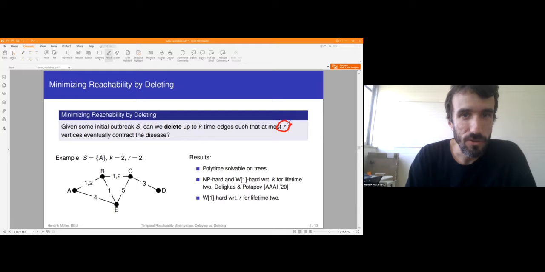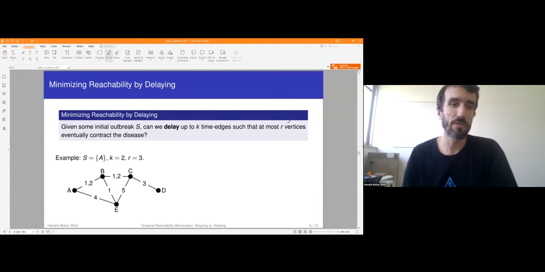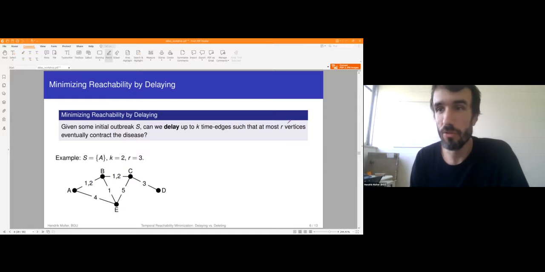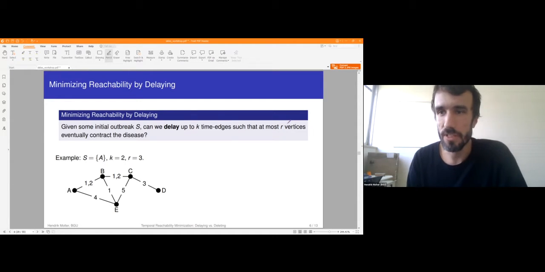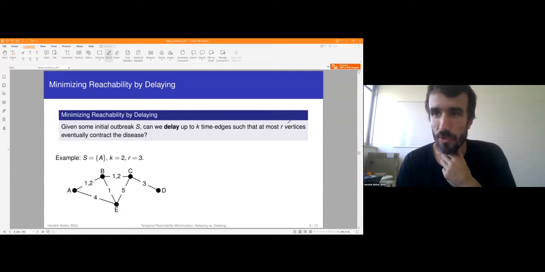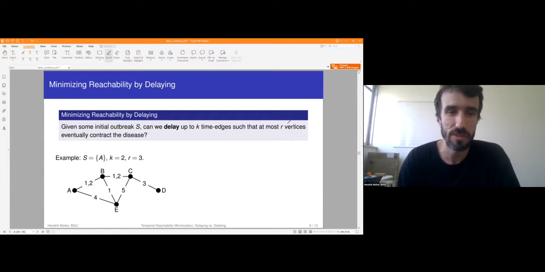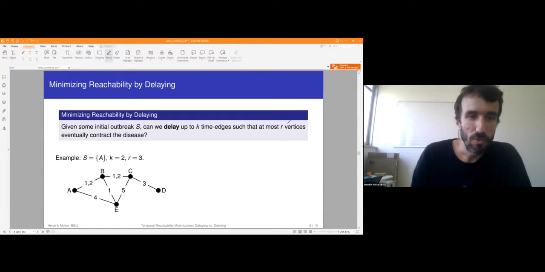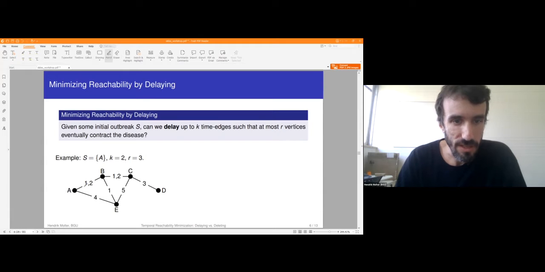Okay, now let's look at the delaying variant. So let's have this little example again, where we have an outbreak at A, and we are now allowed to delay 2 edges. And more specifically, for this talk, I'm going to assume that delaying means I delay by 1 time unit, more generally by a constant. And what we can do here is, for example, delay this time edge, so make this label also 2, and delay this one to make this label 5.